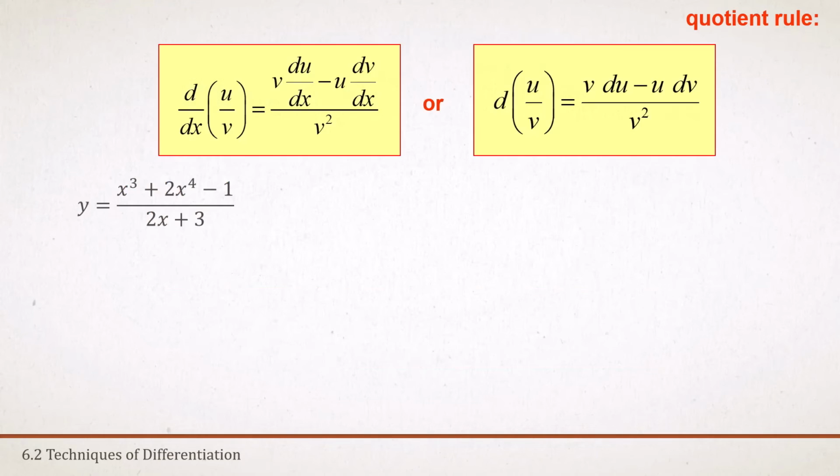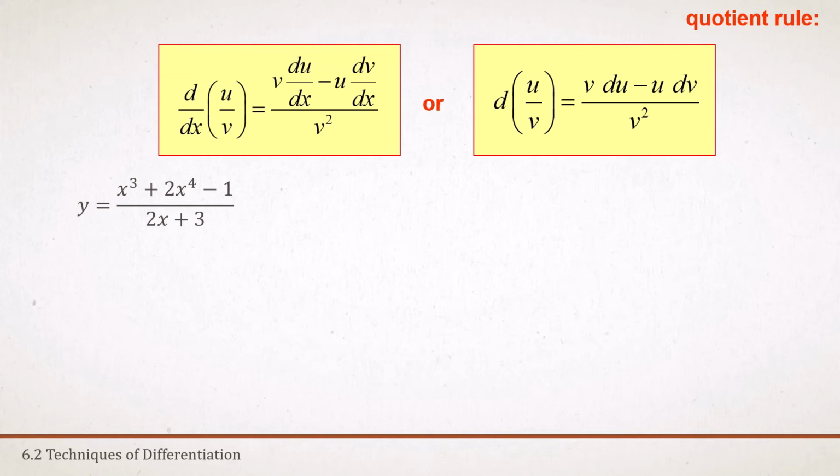Okay, so now we look at one example. We have x cubed plus 2x to the power 4 minus 1, over 2x plus 3. If you look at this question, you have no way to simplify it, and maybe there is no way you can factor it.